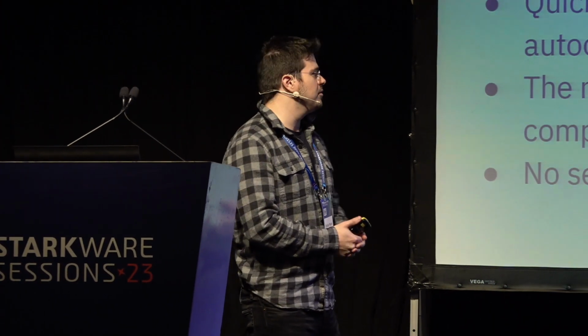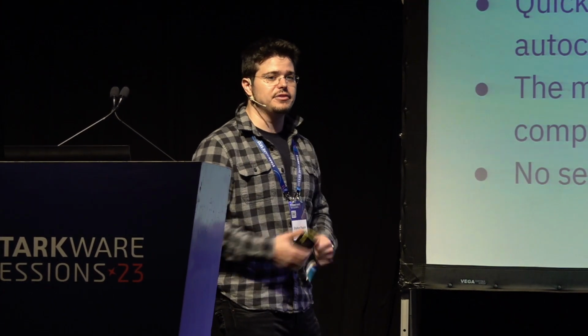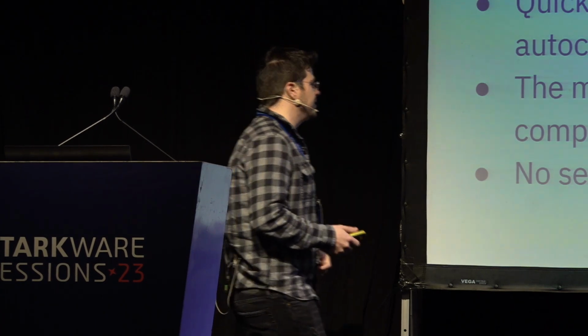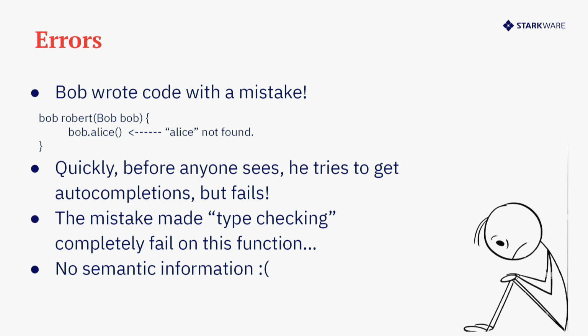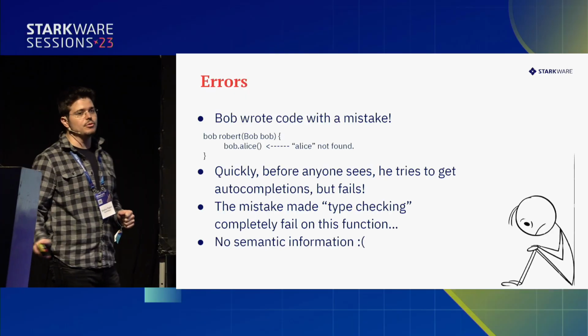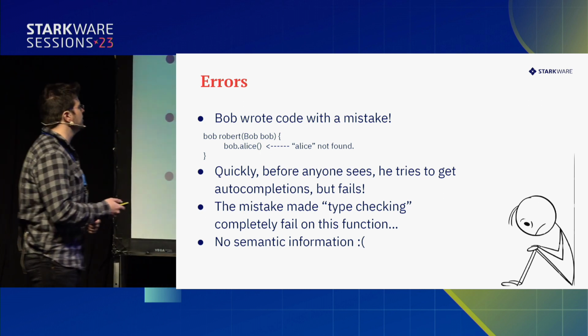Again, the original design was as a single program, and type checking was allowed to bail if you had any error. But that also means that even if we have some semantic mistakes in our code, then we get no semantic information for this function whatsoever.